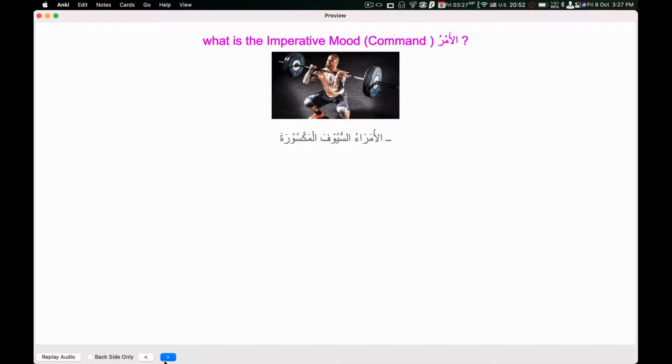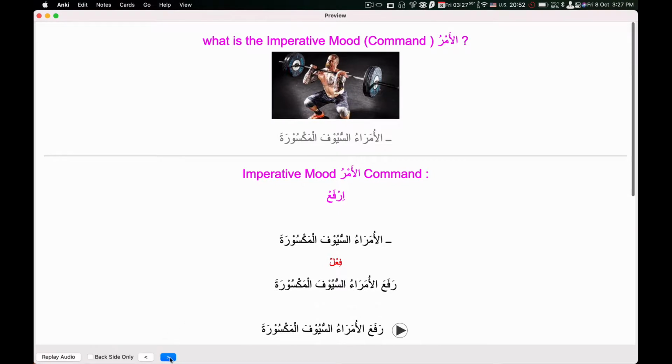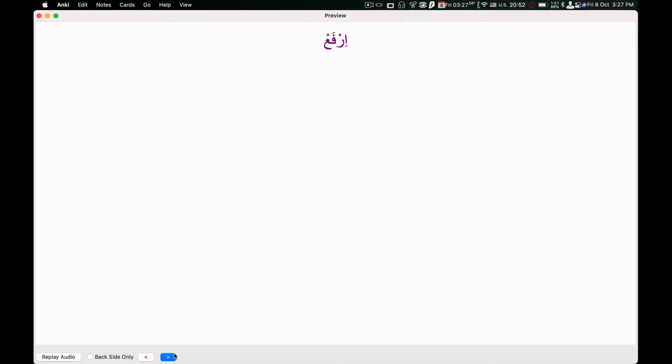So in this situation, the imperative mode for Rafa'a is Irfa. As I said, it's only when you see a word in blue that you form a sentence out of it. Irfa in this case is in purple, so we just have to imagine what this word means.